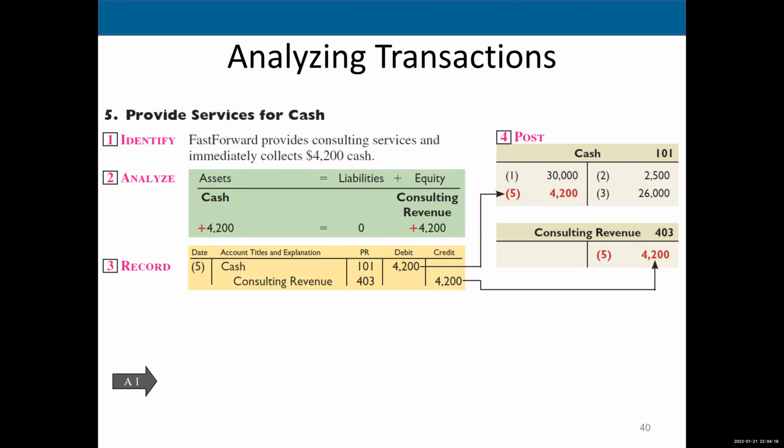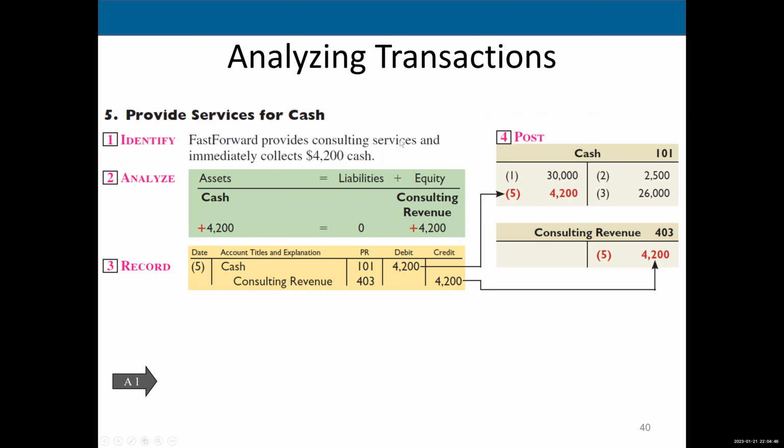Let's do the fifth one, provide services for cash. Fast Forward provides consulting services and immediately collects 4,200 cash. Well, man, if you collect cash, you know you're going to increase the cash account, right? Plus 4,200. Now, why did you receive the money? Because you provided consulting services.